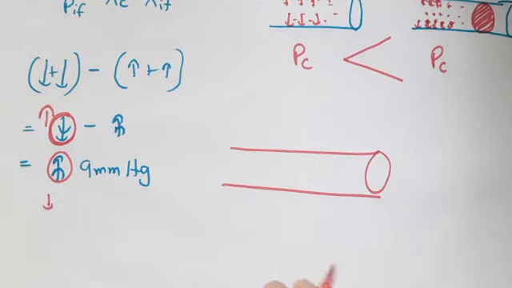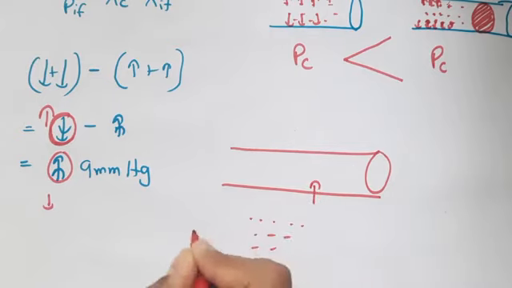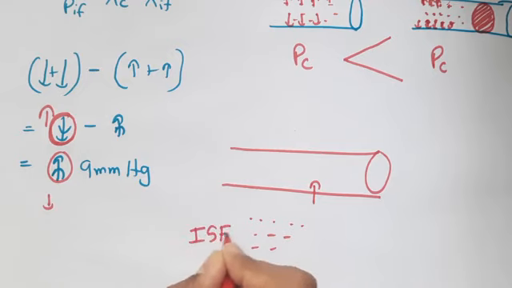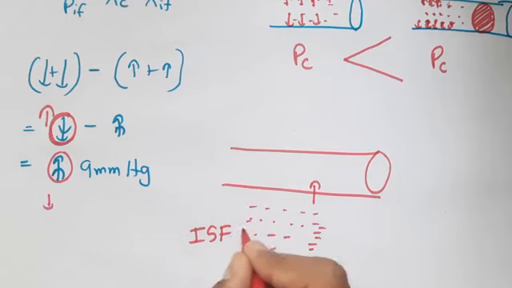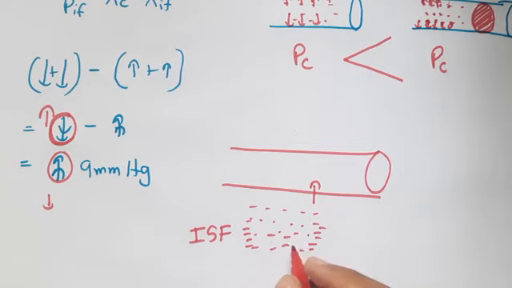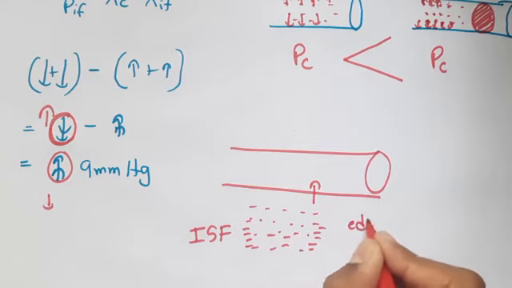Reduced reabsorption means more fluid accumulates in the interstitial space, the interstitial fluid rises. We know that excess fluid accumulated in the interstitium causes edema.